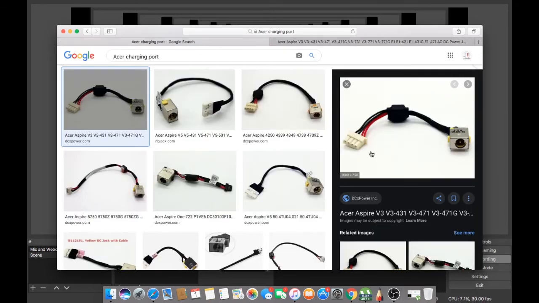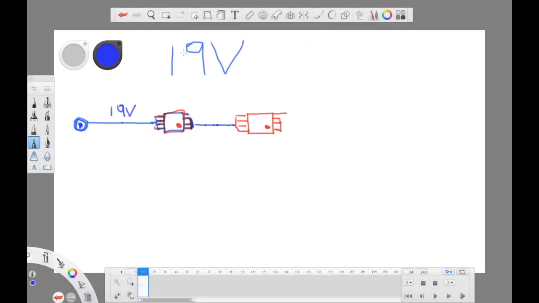Okay, so as you can see on the pin, we have the positive, which are the 2 red wires, and we have the ground. Okay, so on the charging port, these silver things are surrounding the whole thing. It's ground. Okay, inside this charging port, this hole, we have the positive there. The middle pin is positive. It's the 19 volts coming from these red wires. Okay, that's why I even drew a dot here in the center.